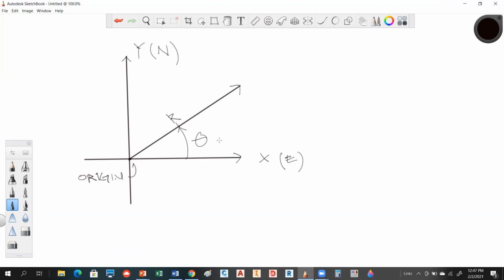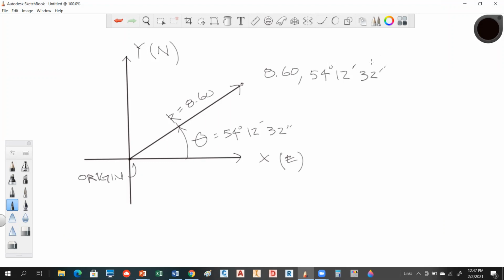So for instance, let's say you measured this radius as 60 or 80.6, and let's say this angle was 54 degrees, 12 minutes, and 32 seconds. The coordinate of that point then would be expressed as that.